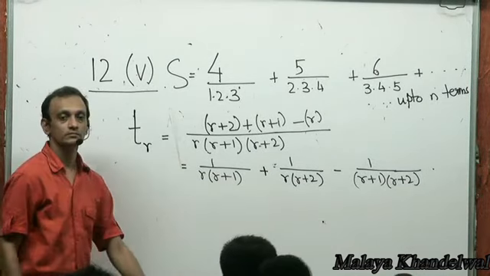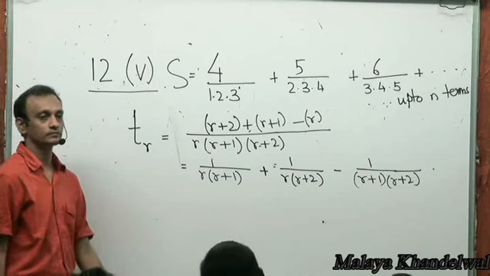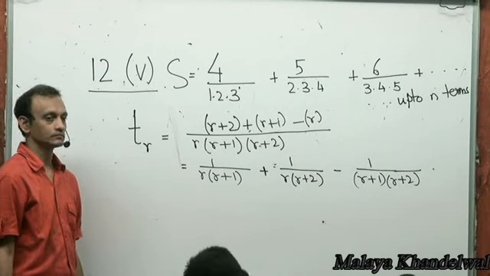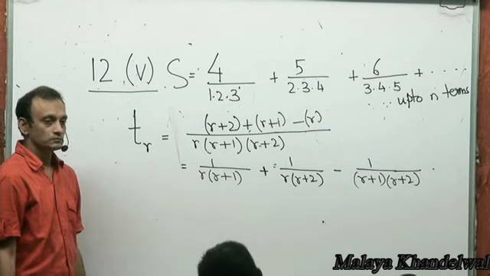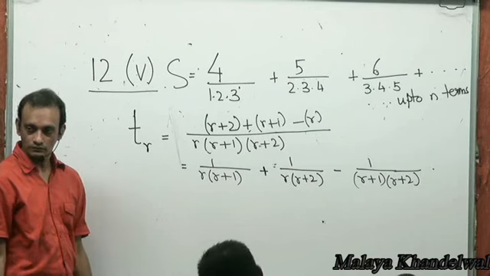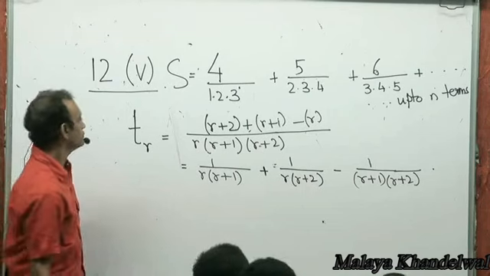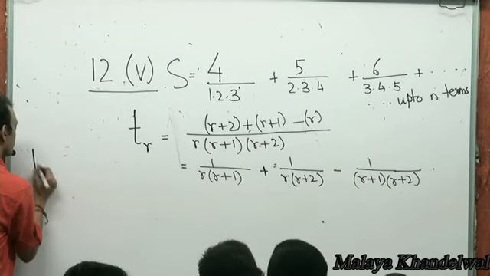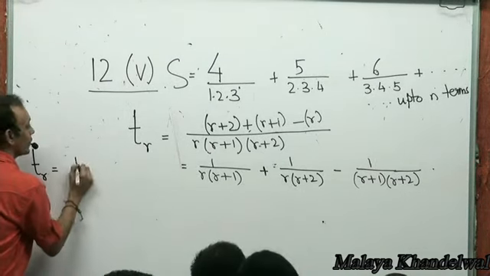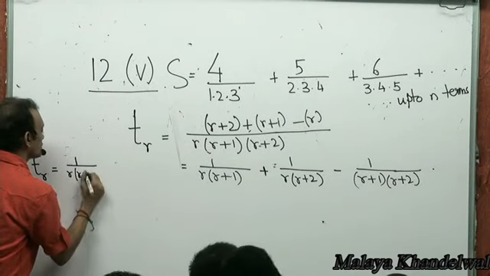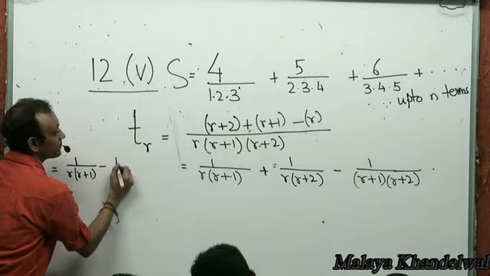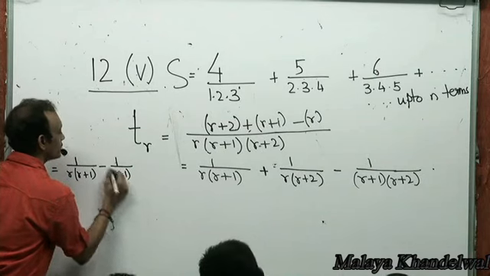Clear? Now, this TR could be written as 1 by R into R plus 1 minus 1 by R plus 1 into R plus 2.